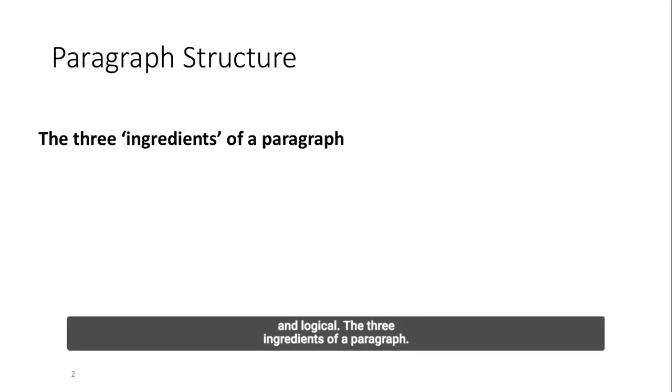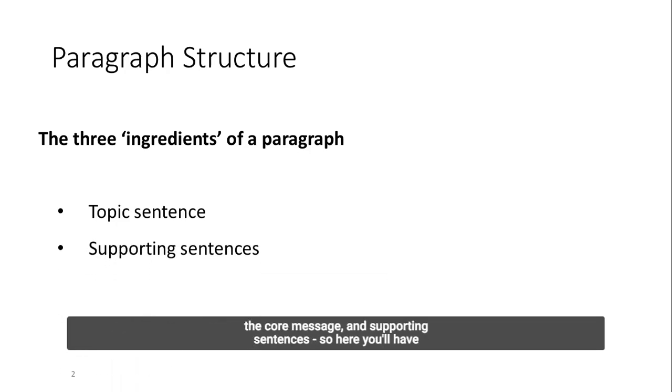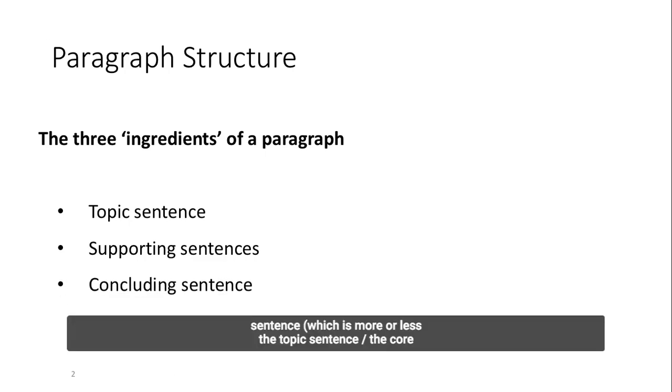The three ingredients of a paragraph. Well, any paragraph will have a topic sentence, the main idea, the core message. Supporting sentences, so here you'll have details, examples, more information. And a concluding sentence, which is more or less the topic sentence, the core message, rewritten.